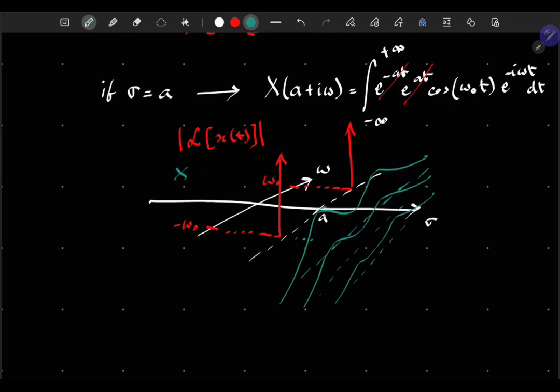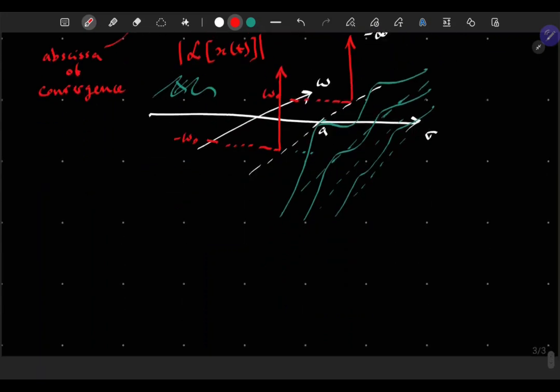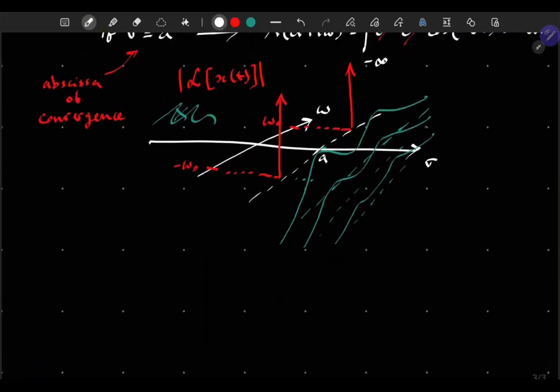So unfortunately there's no Laplace transform in this region. We can define a as the so-called abscissa of convergence of the Laplace transform. And this is the minimum value of sigma for which the Laplace transform makes sense.